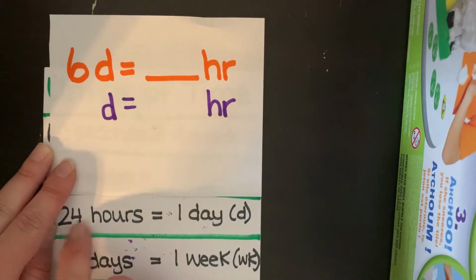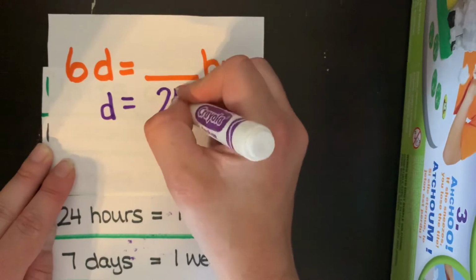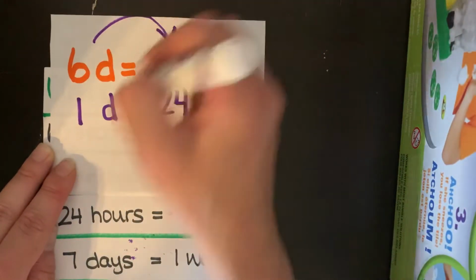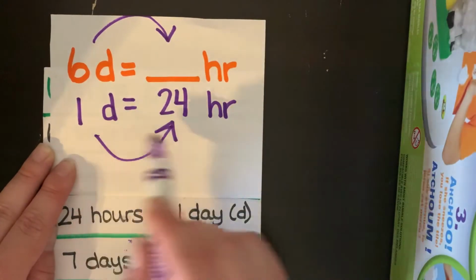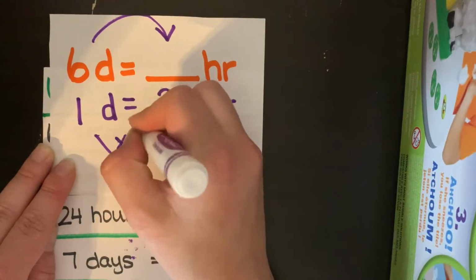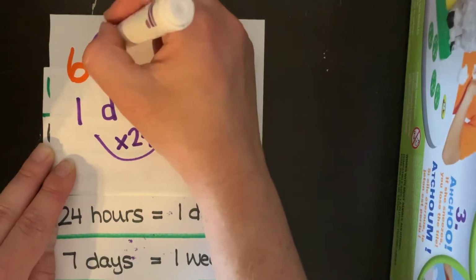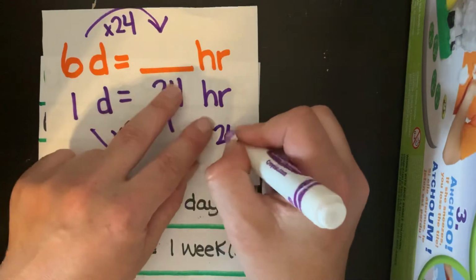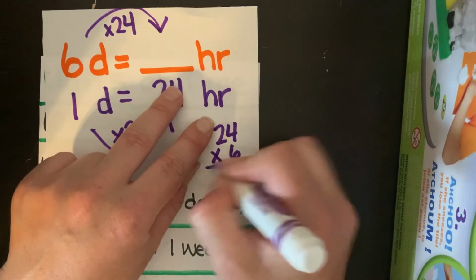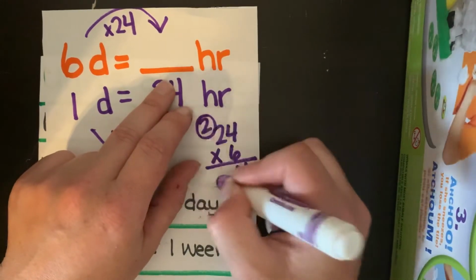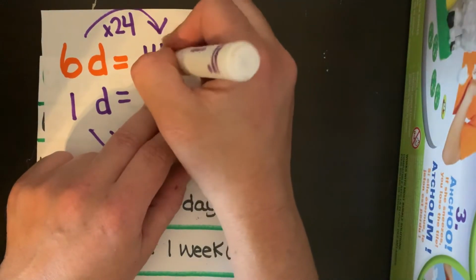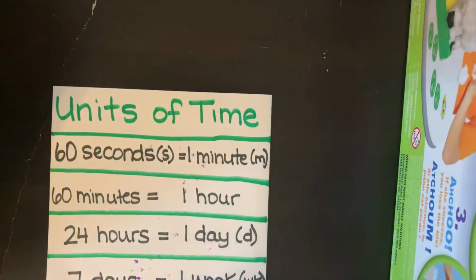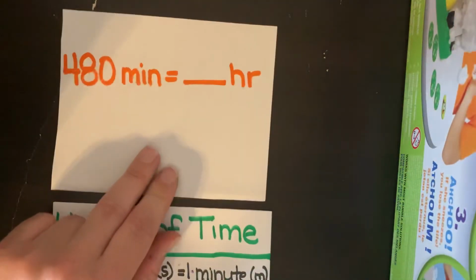So I have 24 hours is 1 day. I'm going from days to hours. I went from 1 to 24, so I multiplied by 24, which is what I'm going to do to my 6. So now 24 hours times 6 days gives me 144 hours.